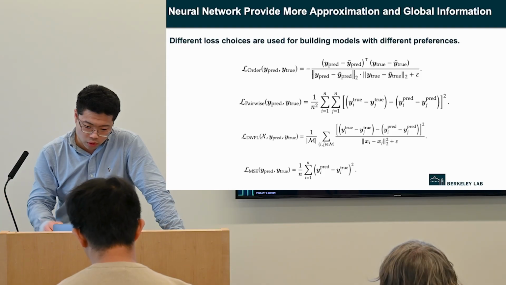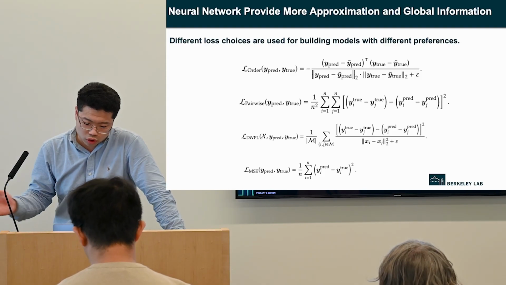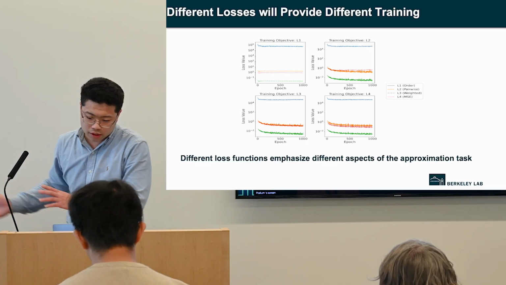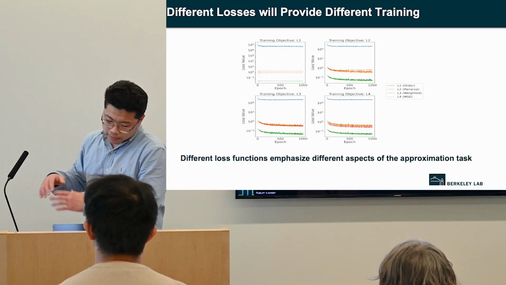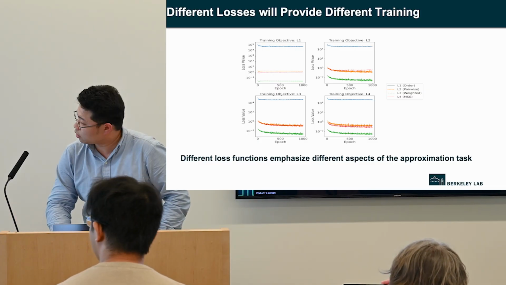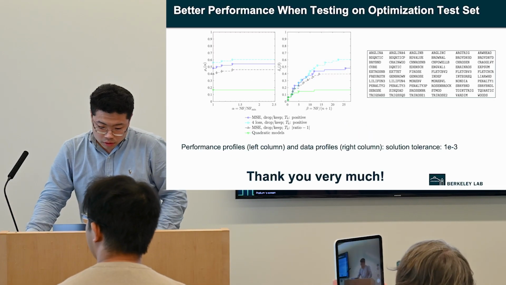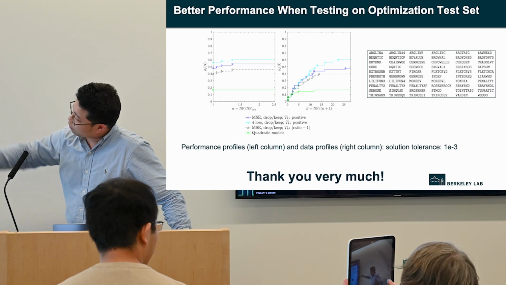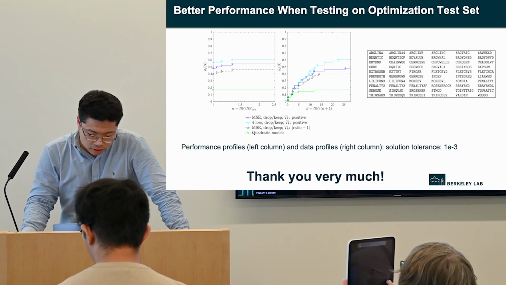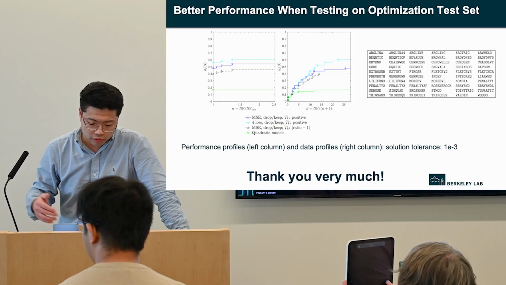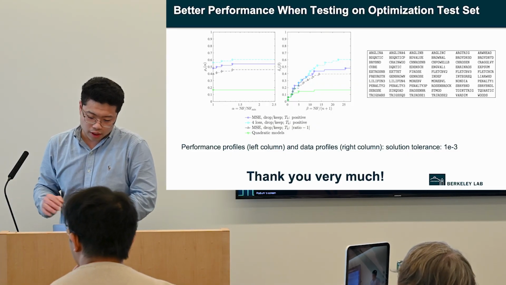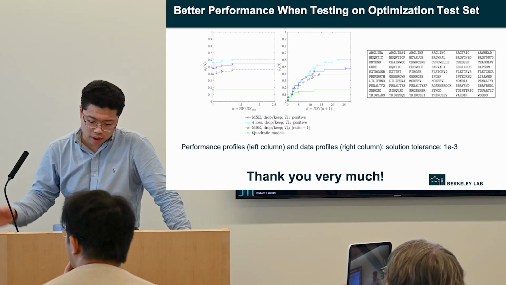So we try to use different loss function choices to build the model, because different loss functions emphasize different aspects of the regression task. You can see from this figure that when we introduce more choices of loss functions, the algorithm, even in the same framework, will perform better.